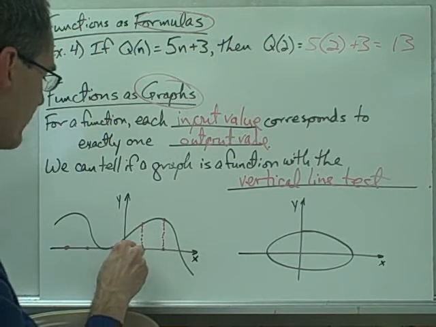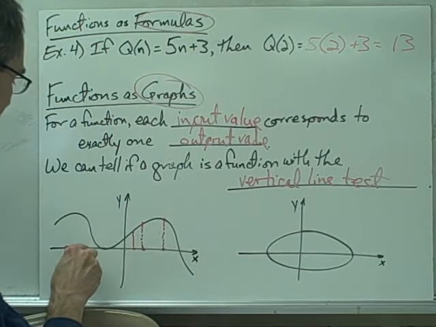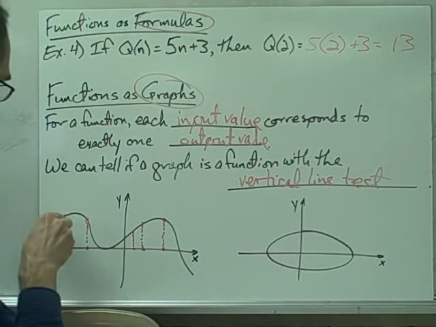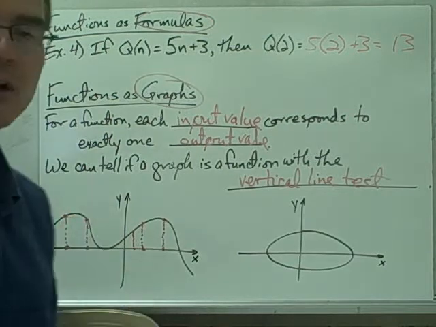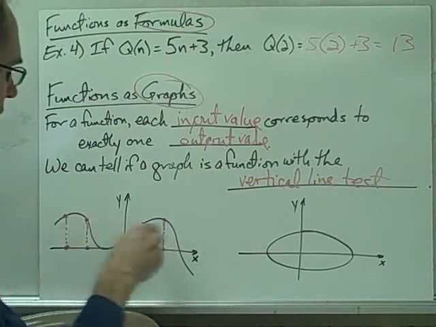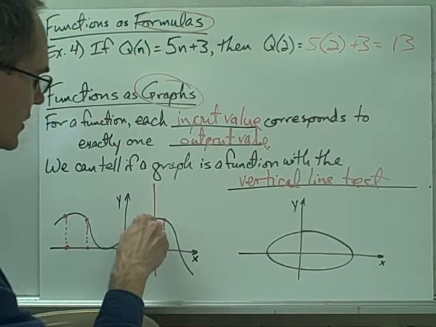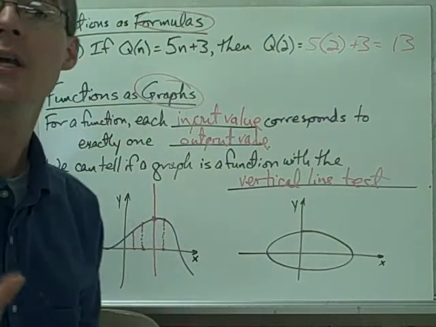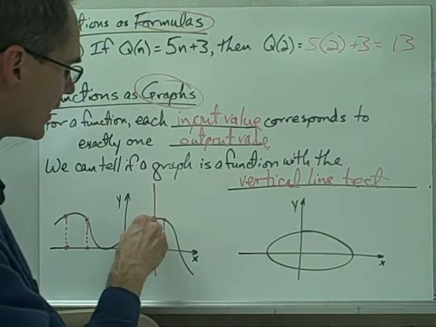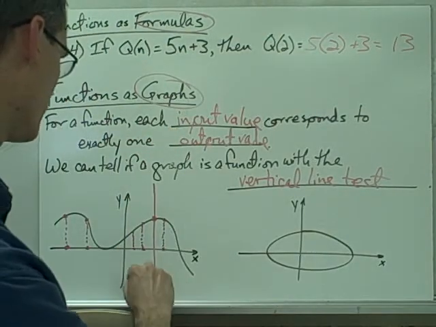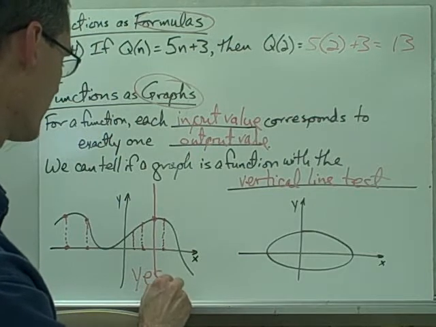And I can see that for this particular graph, any value of x that I choose is going to correspond to exactly one value of y. In other words, anywhere along my graph, if I draw a vertical line, it's going to touch my graph in only one place. That means I only have one output value for each input value. So yes, this graph is a function.